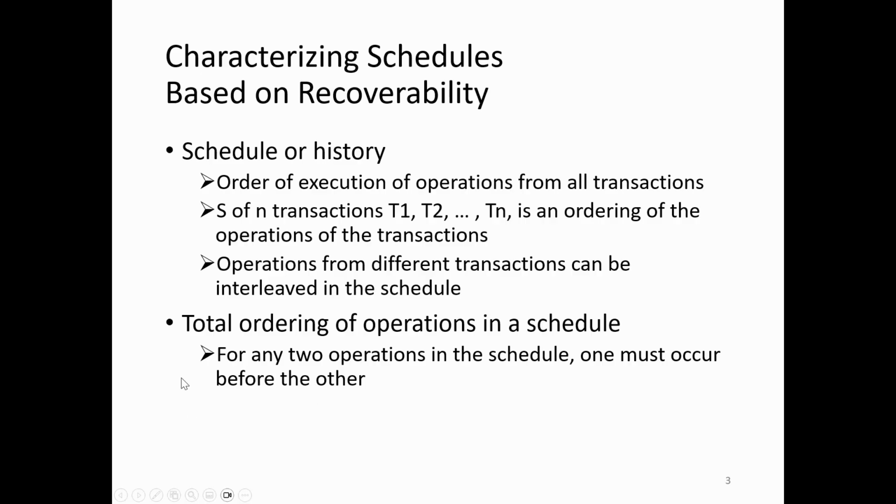I think you can understand it if we take this T1. T1 has two operations: the first one is read X, this is the order, and next is write X. This is the transaction.